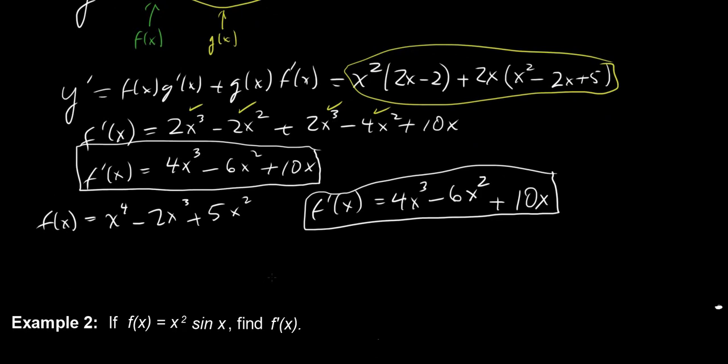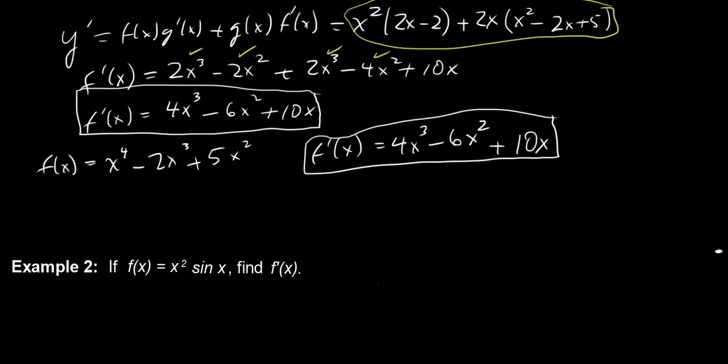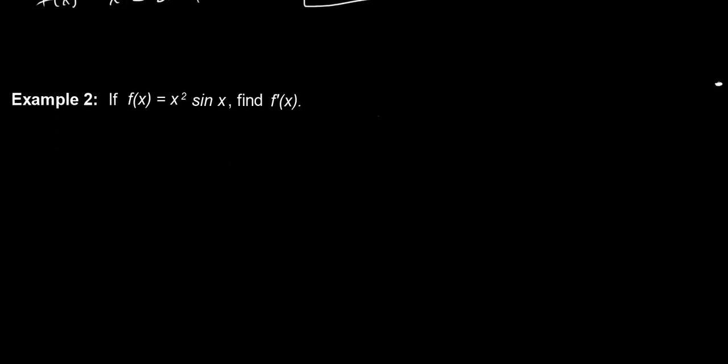So there we go. This time I have a function that's a product of x squared times sine of x, and I still want to find its derivative. I'm going to do it again using the product rule. And again, to make my life easier in terms of nomenclature, I'm going to say that y is equal to x squared sine of x.